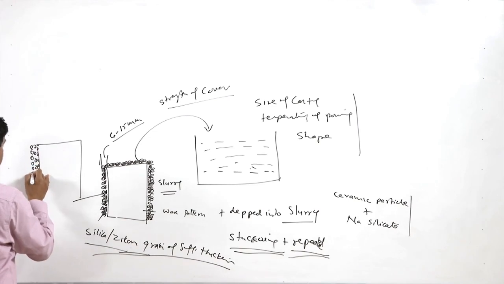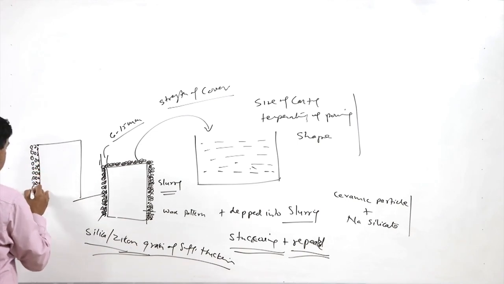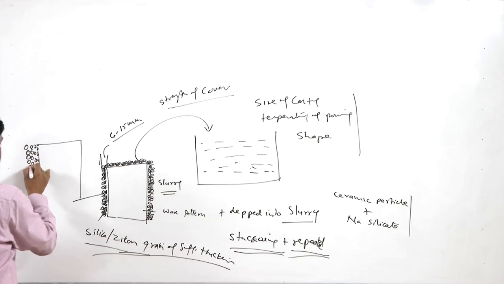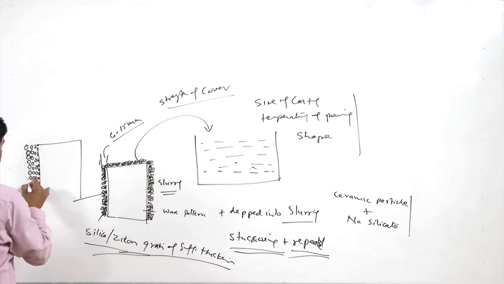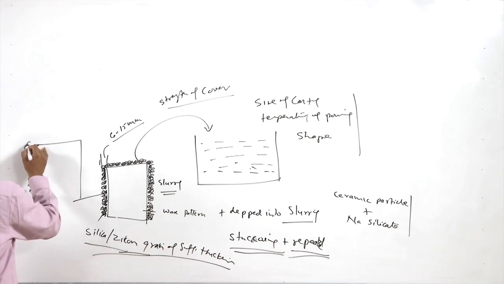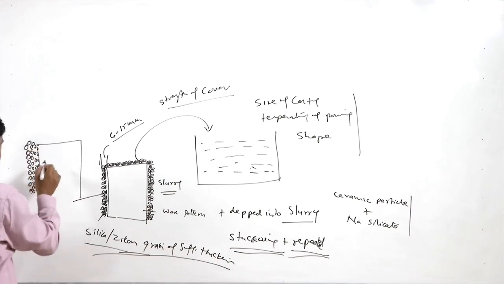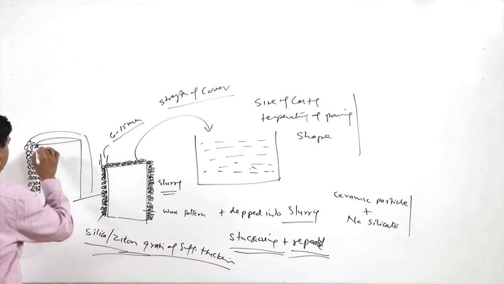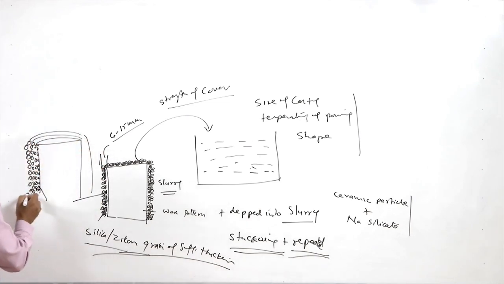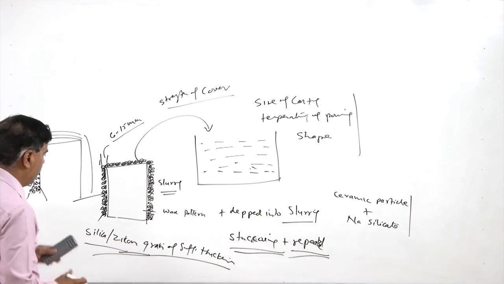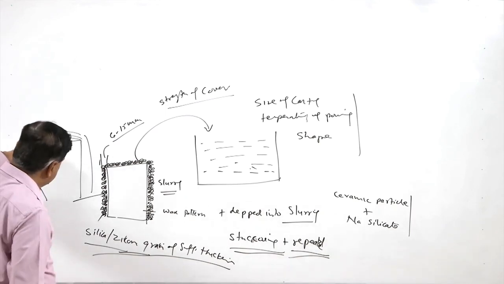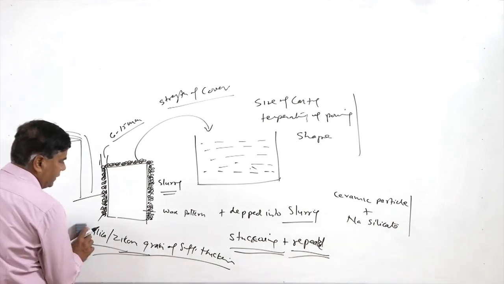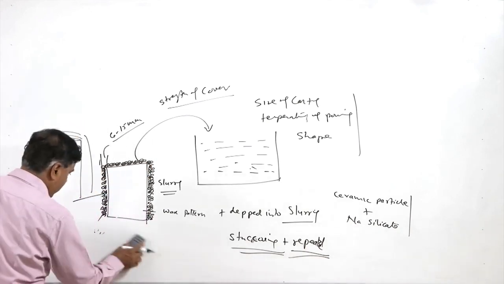So initially the finer sand is used, then coarse grains are applied. This is repeated all around the wax pattern, initially fine and then coarse ones. Once the desired thickness has been achieved, the wax pattern needs to be taken out.